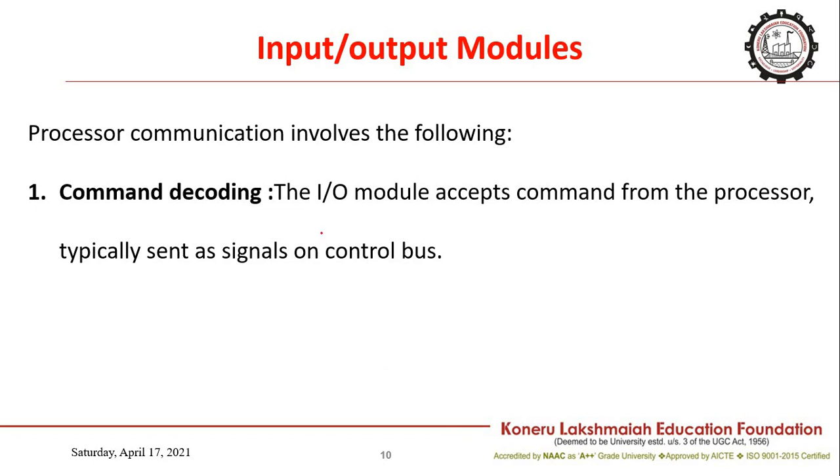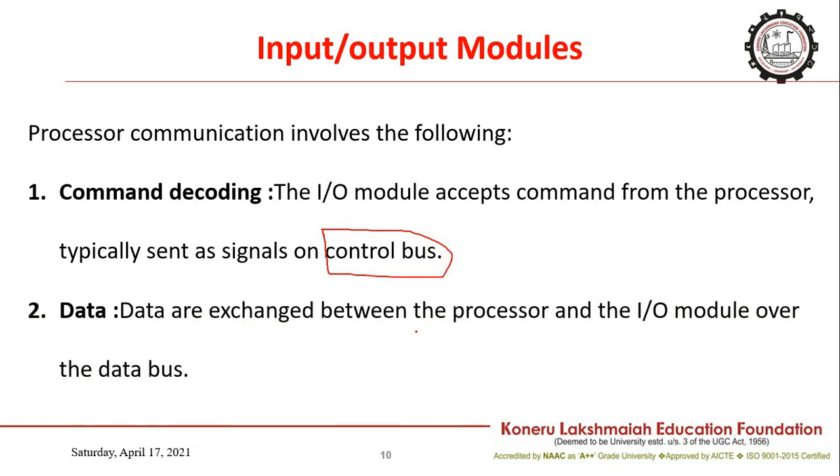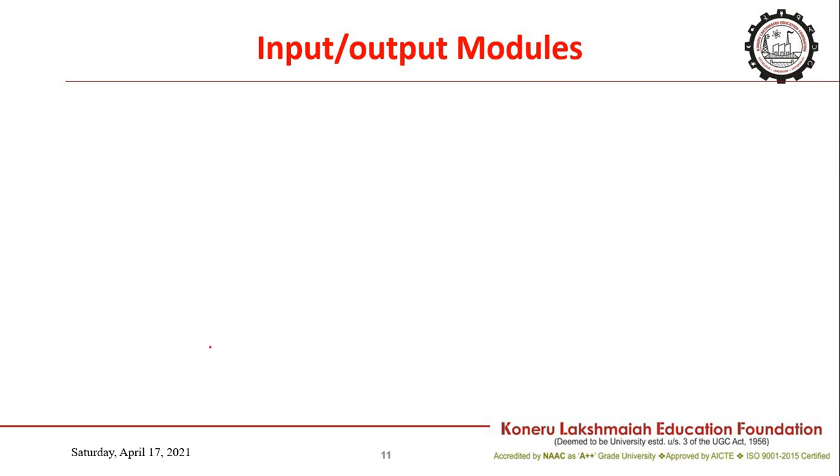We can say the control bus is just like a human brain. So command decoding accepts the command from the processor and then sends signals to the control bus. Data is the exchange between the processor and the IO module through the data bus, as we discussed before.